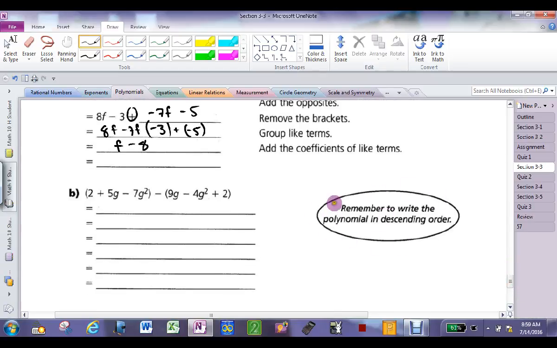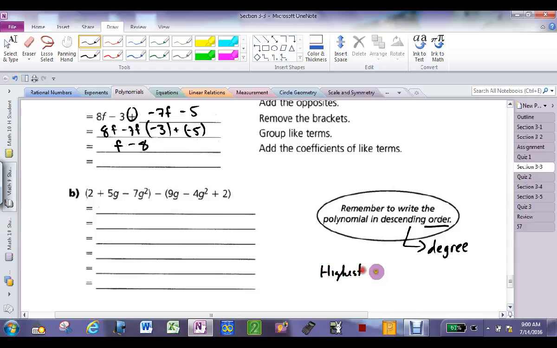Everybody pay attention to this bubble I have written over here. You've been doing this already. What does descending mean? Well, in English, descending order means descending degree. So what does that mean?